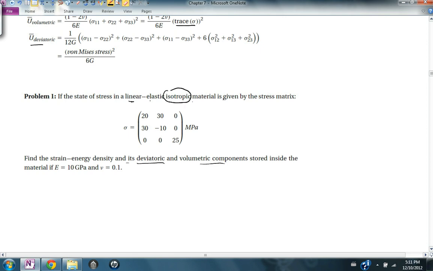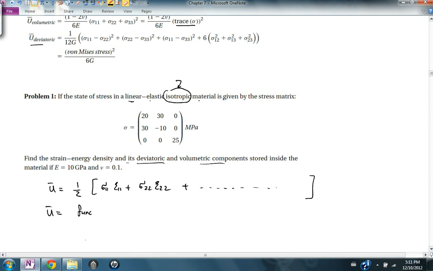Because if it's a linear elastic material, in general, the strain energy is equal to half sigma 1 epsilon 1 plus sigma 2 epsilon 2 and so on. But once I said isotropic, I have other forms.